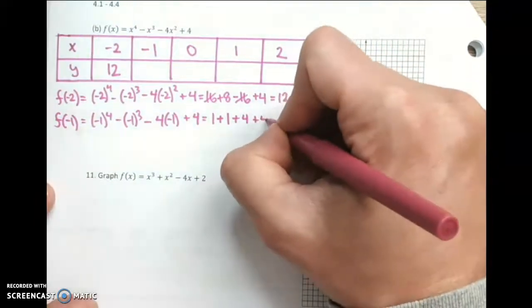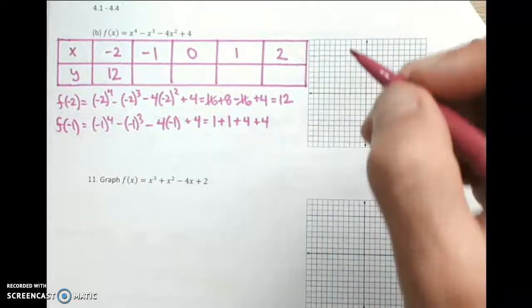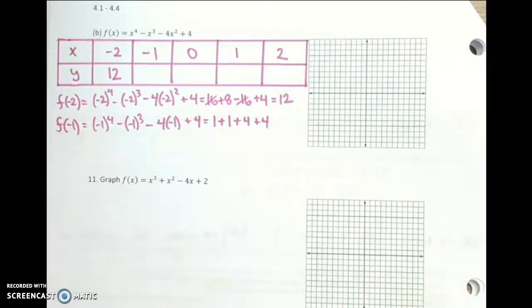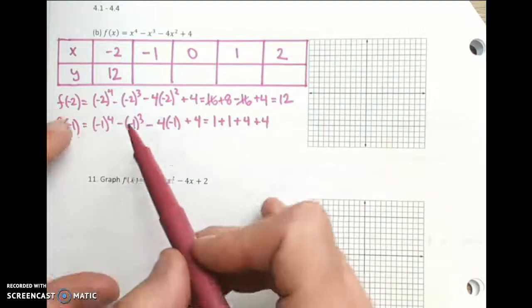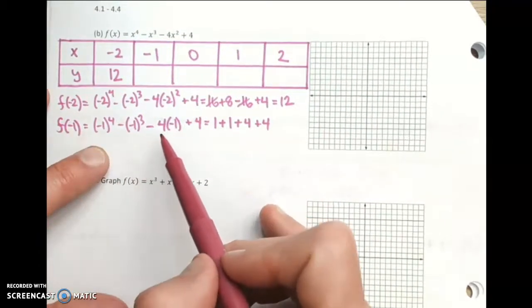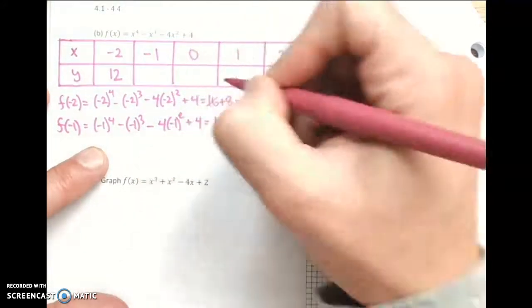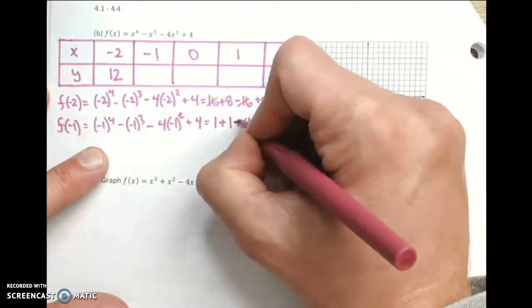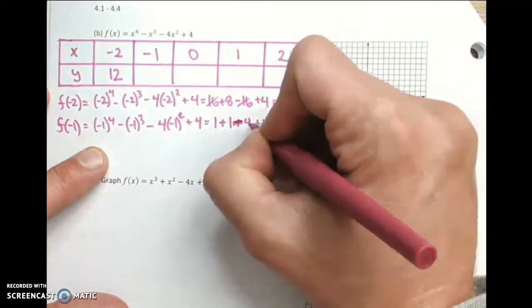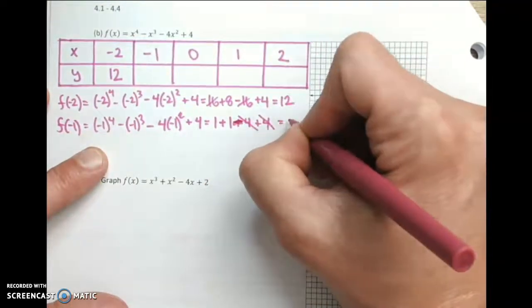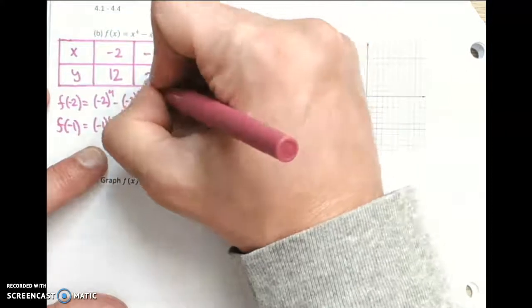Seems off. What did I do wrong? Negative 1 squared, sorry, so that's positive 1, so that should be minus 4. Okay, so minus 4, positive 4 cancels out, leaving me with 2, and that looks much better.